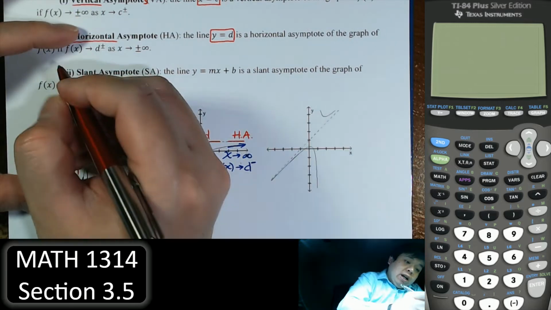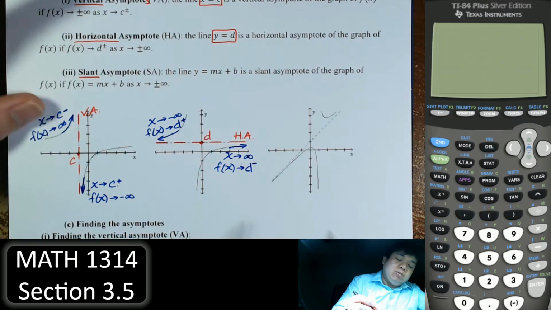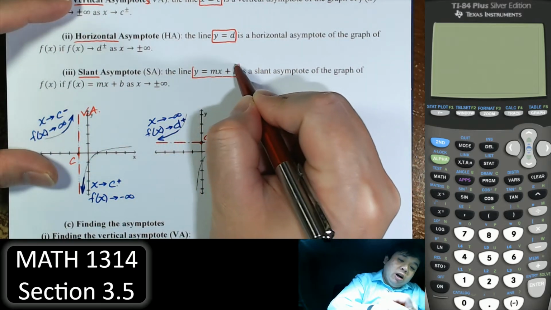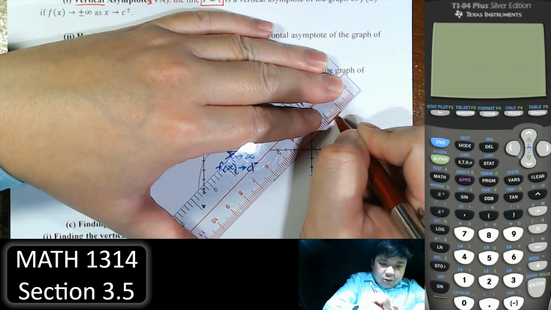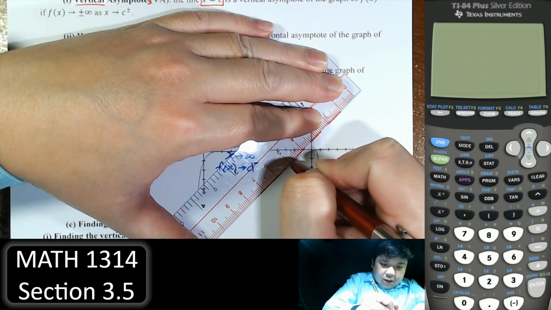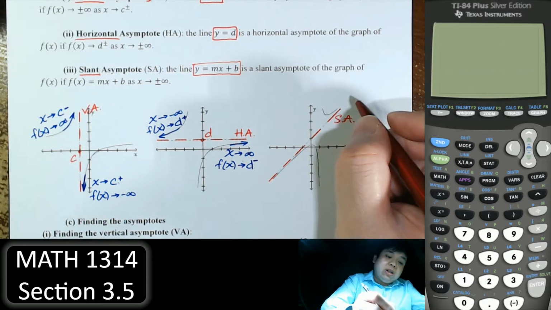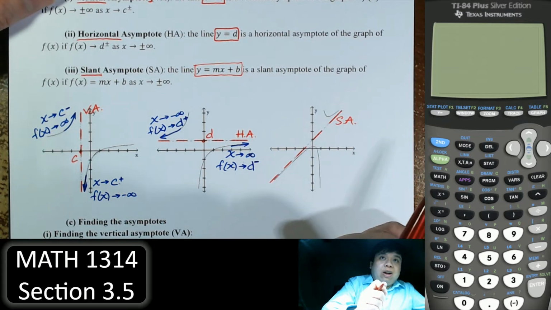And finally, if it is not horizontal or vertical, we call it the slant asymptote or the oblique asymptote. We just have the equation of the line, and pretty much this is where the function is approaching. And notice that I brought in the dashed line, the asymptote is not part of the graph, right?